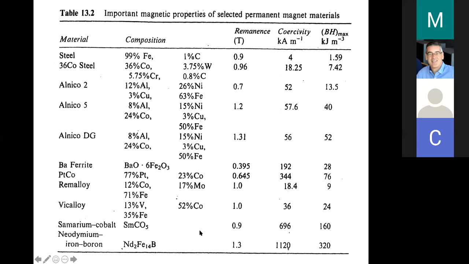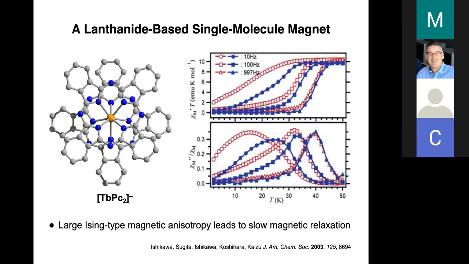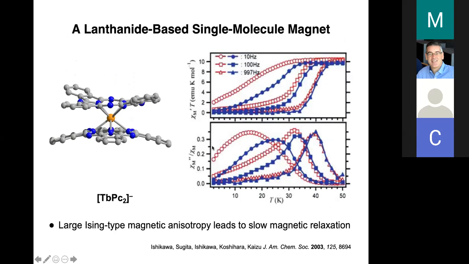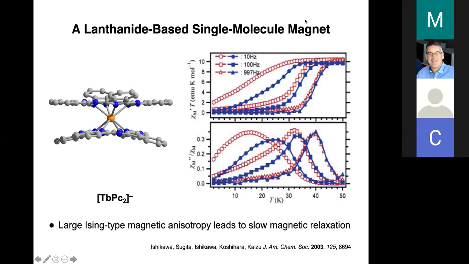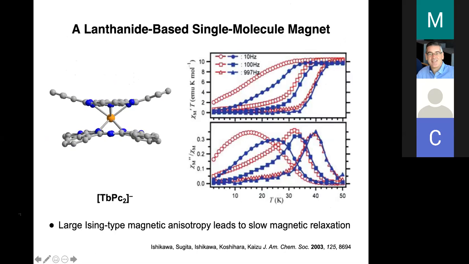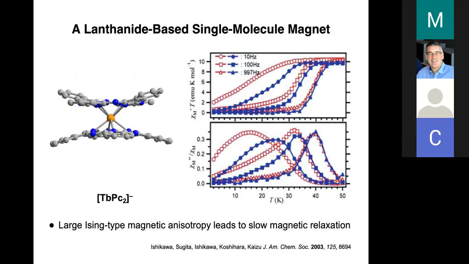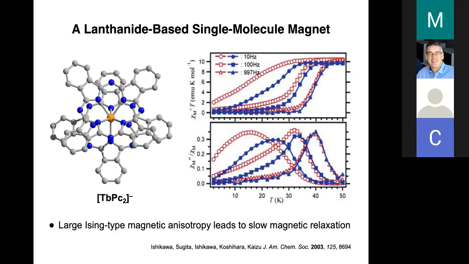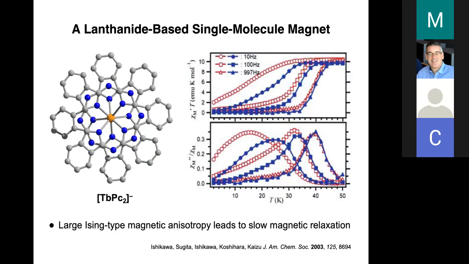Right. And so what I want to discuss is the idea that lanthanides can also be incorporated into very interesting single molecule magnets. So we've already discussed single molecule magnets earlier in the course. Initially, the first single molecule magnet discovered was the manganese 12 cluster that you saw.